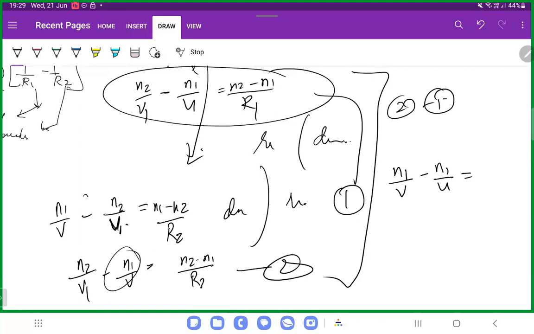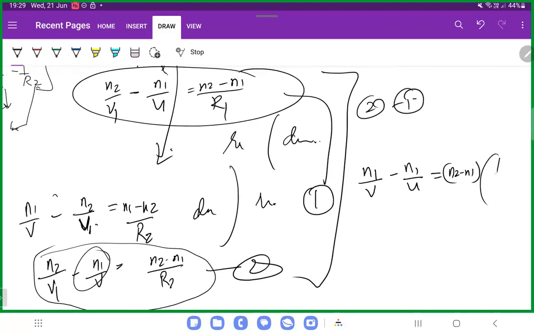This will get cancelled. I'm taking this value, and this equals N2 minus N1, which will be common, right? So 1 by R2 minus R1.